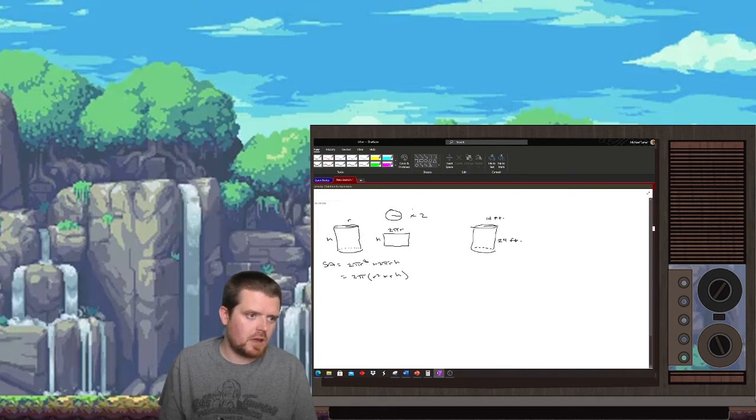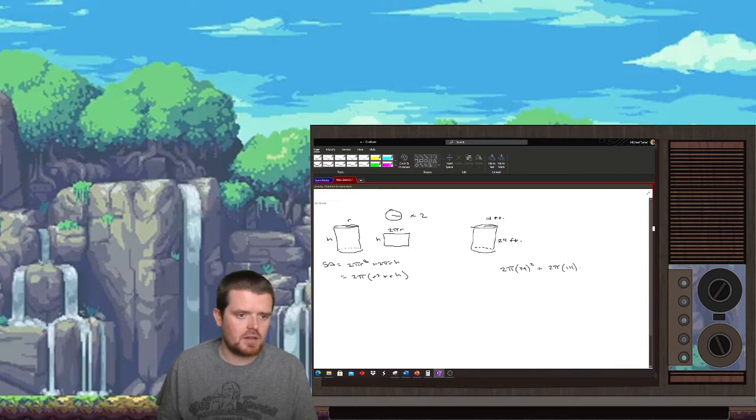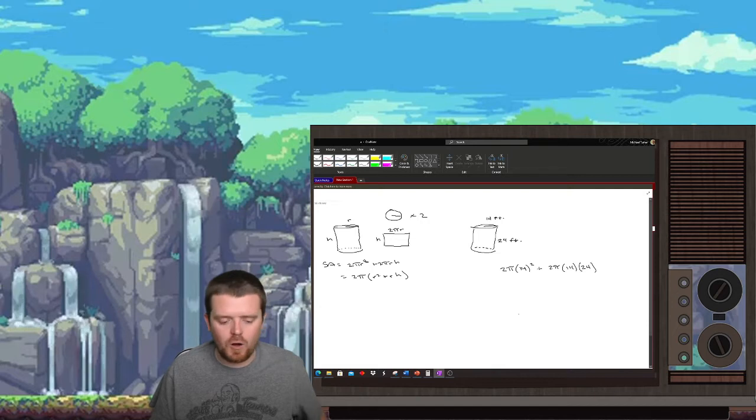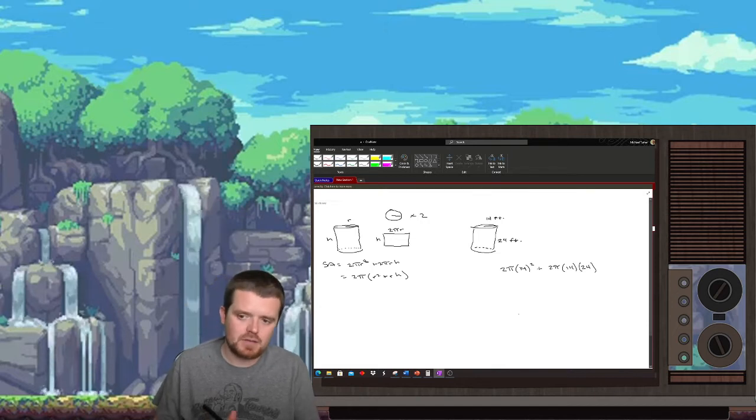But here, let's say first I use the formula. So this is 2 pi times the radius squared plus 2 pi times the radius times the height. So if you're asked to leave it in terms of pi, you're doing all the operations except the pi.